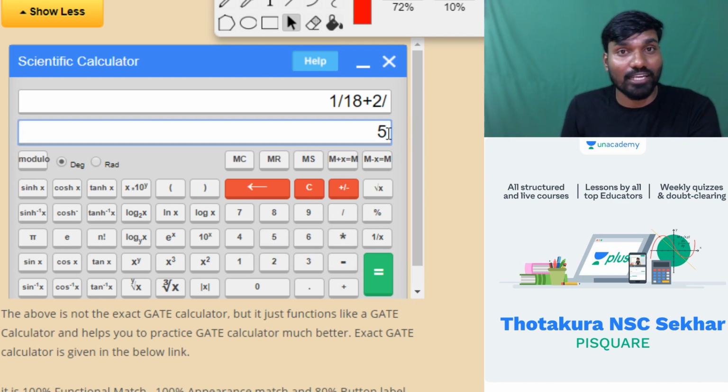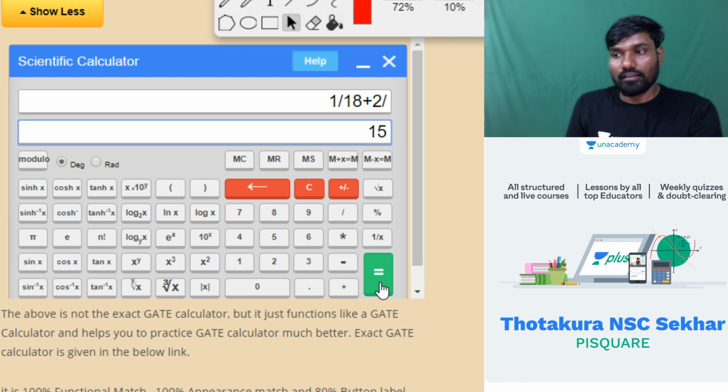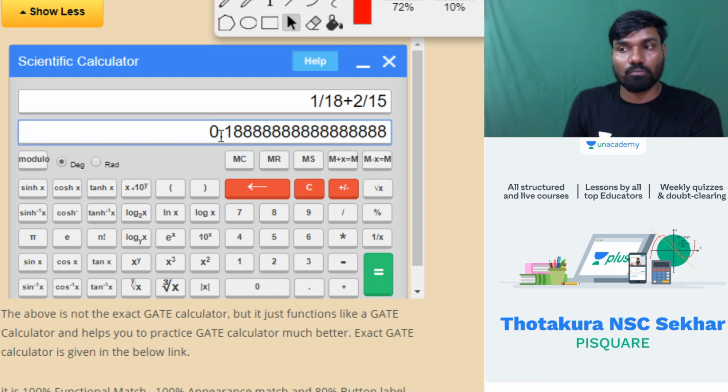See here, I thought 15 is entered, but 5 is entered. Backspace. And the other point is backspace does not work for display 1. Backspace only works with display 2. That is another point. 1, 5. Okay. So at least twice. This is the answer.